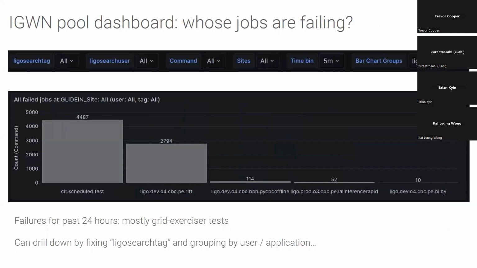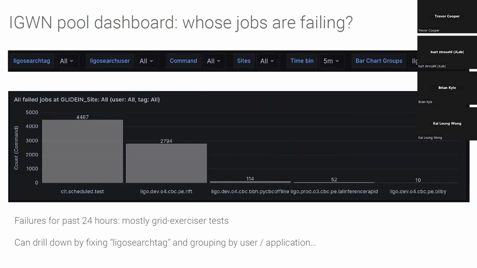And then I can drill much further down into that with various filters, including our accounting tags. I can, arguably shouldn't, drill down into actual individual users, and I can obviously restrict it by the commands that have been run.